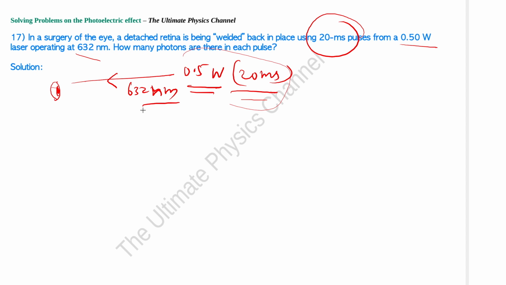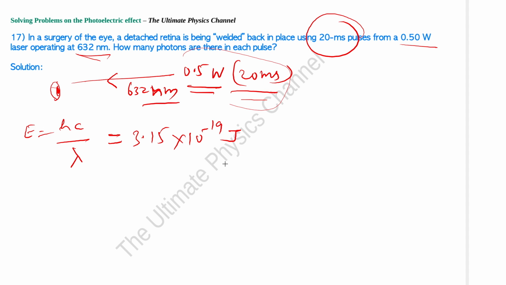So first, the number of photons we can calculate from the total energy, if we know the energy of each photon. The energy of each photon for the given wavelength we can calculate. E is equal to hc over lambda. If you substitute this lambda, you would find that it is about 3.15 times 10 power minus 19 joules.